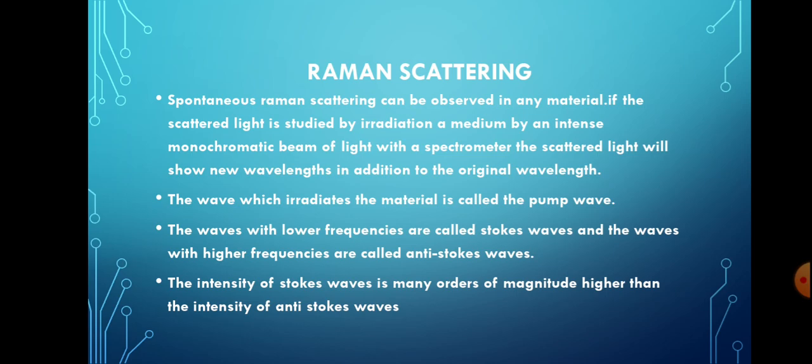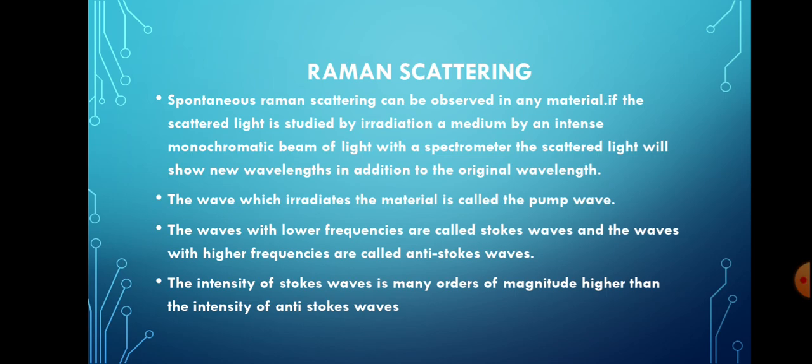The light wave which irradiates the material, or is incident on the material, is called the pump wave, and the wave with the lower frequencies after the scattering is called Stokes waves, and the waves with higher frequencies which are produced after scattering are called anti-Stokes waves. That means due to Raman scattering, two types of waves are produced: one is Stokes waves, the other is anti-Stokes waves. The Stokes waves have lower frequencies and anti-Stokes waves have higher frequencies.